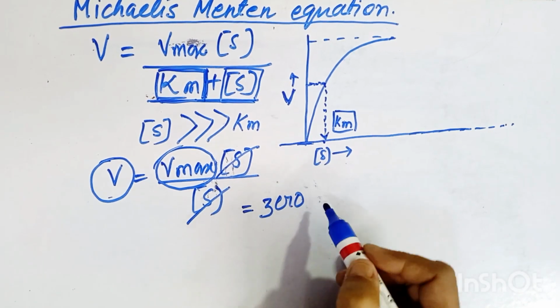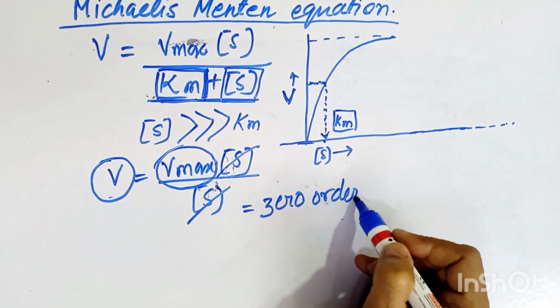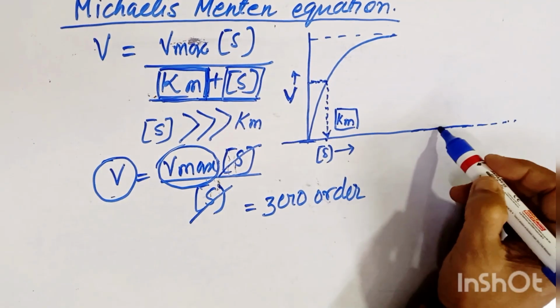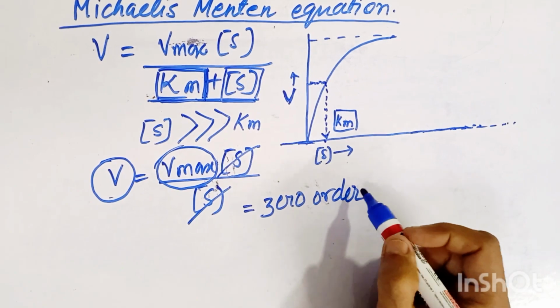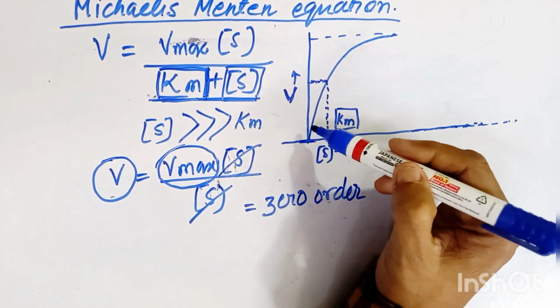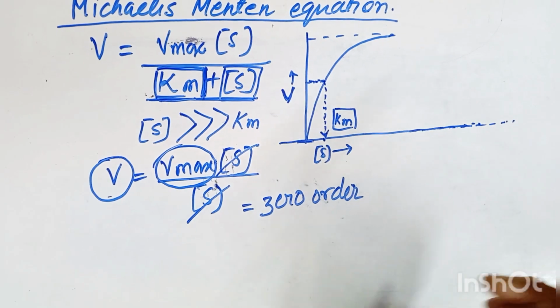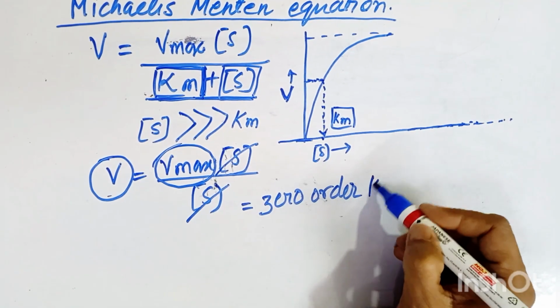Zero order reactions are reactions which do not depend on substrate concentration. So at very high substrate concentration, enzymatic reactions do not depend on substrate concentration, and follow zero order kinetics.